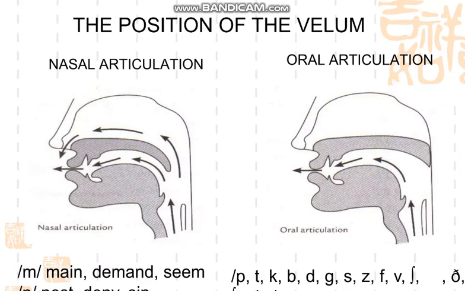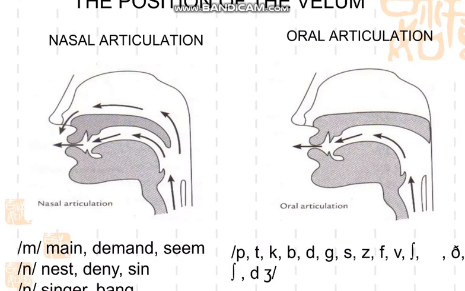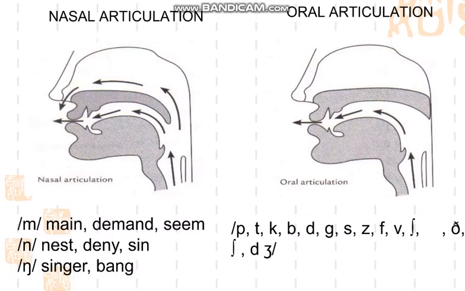The velum has an important position in the articulation of the word. There is nasal articulation and oral articulation, and there is a difference between the sounds which emerge from these articulations.